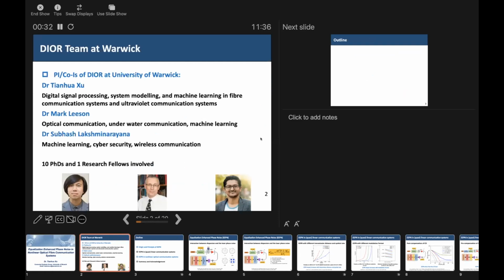This slide shows the researchers and investigators at Warwick for the DIOR project. We have me, Dr. Mark Leeson and Dr. Subhash. We are working on digital signal processing and system modeling for optical communication systems and also various other communication systems.